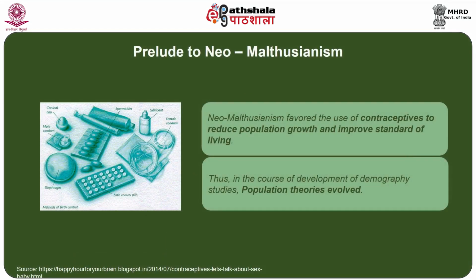Here we are talking about the use of contraceptives so as to reduce population growth and improve the standard of living. The Neo Malthusianism was in favor of the use of contraceptives, aiming at reducing population growth, besides improving the standard of living.